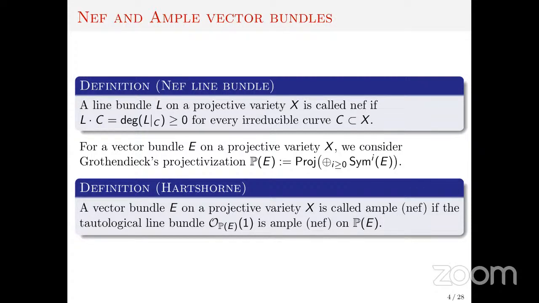He defined a vector bundle E on a projective variety X to be nef or ample if the relative O(1) on the projective bundle P(E) is nef or ample. So we have extended the definition of nefness and ampleness to vector bundles.